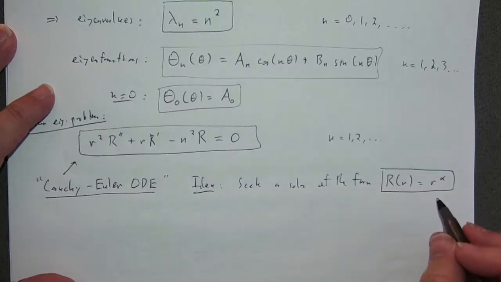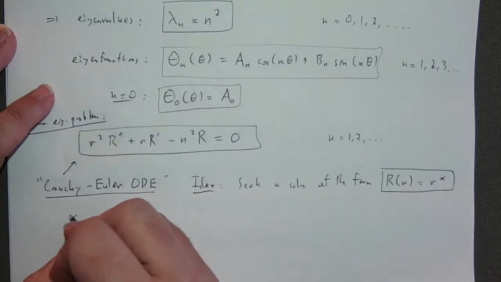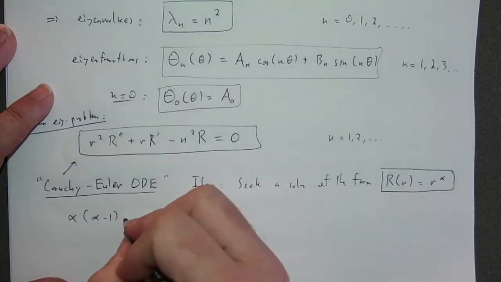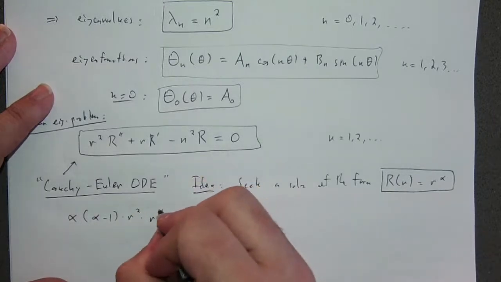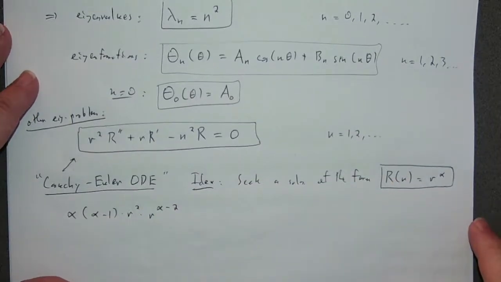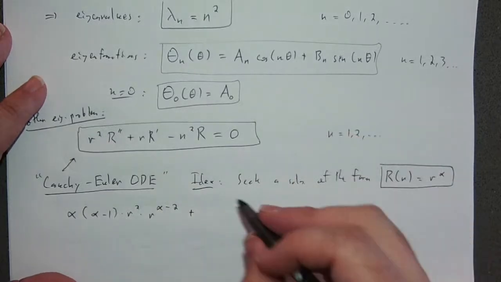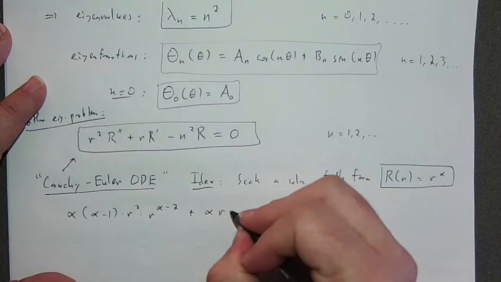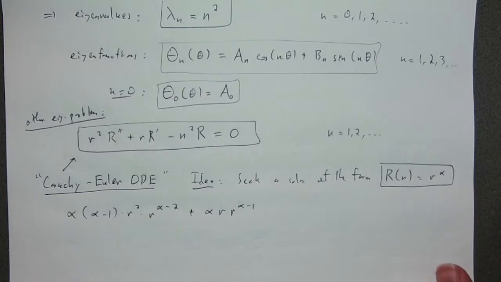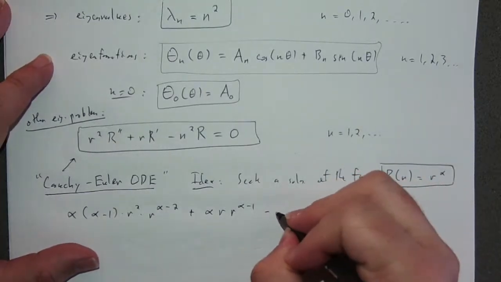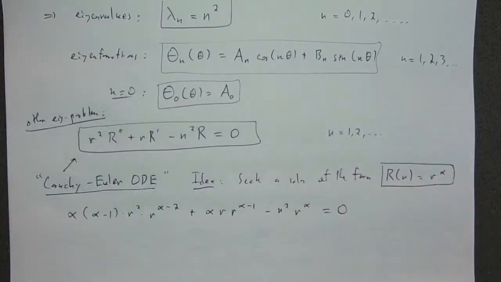I would have alpha times alpha minus 1 times r squared times r to the alpha minus 2 plus alpha times r to the alpha minus 1 minus n squared r to the alpha is equal to 0.